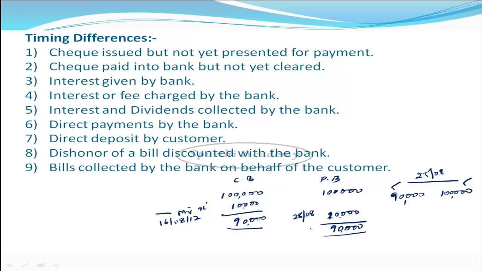But usually banks credit the customer's account only when they have received the payment from the bank concerned. In other words, when the checks have been cleared, again there will be some gap between the deposit of the checks and credit given by the bank. I will repeat again. When the checks are sent to the bank, entries are made on the debit side of the bank column of the cash book.